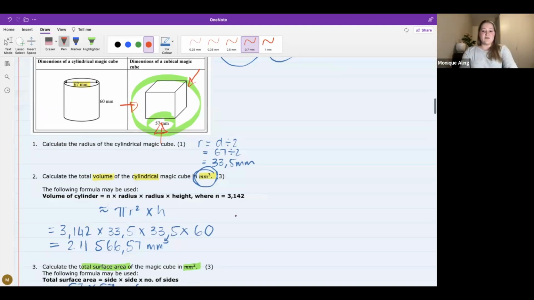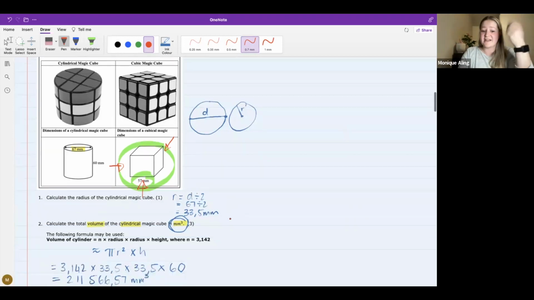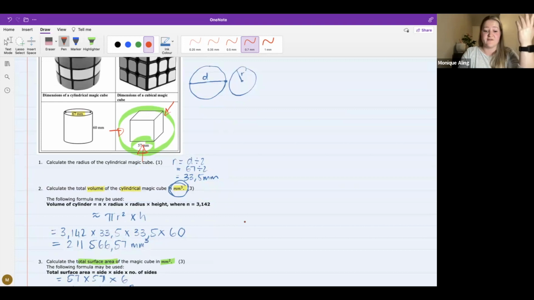All right, so all in all, guys, I know in general, when you see shapes like this, it can be overwhelming, but at the end of the day, was that a difficult question? If this was in your exam at the end of the year, how would you feel?